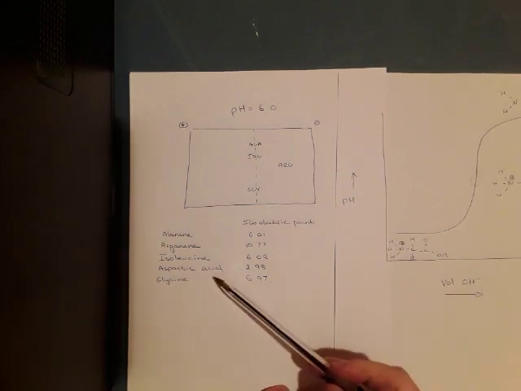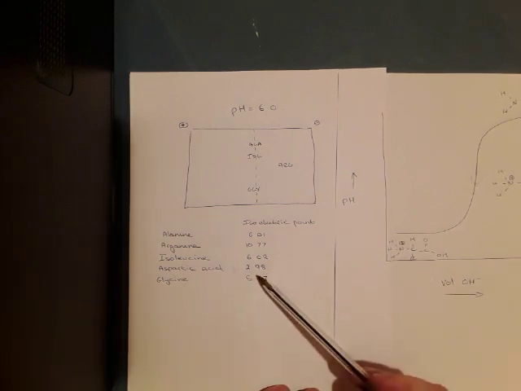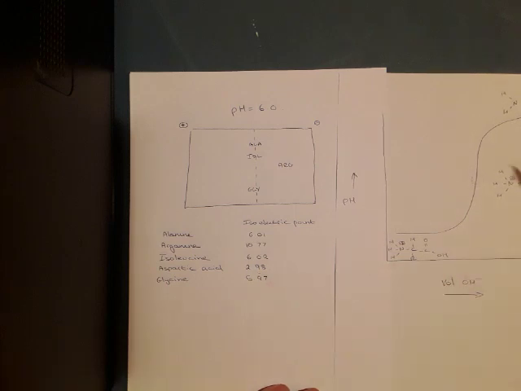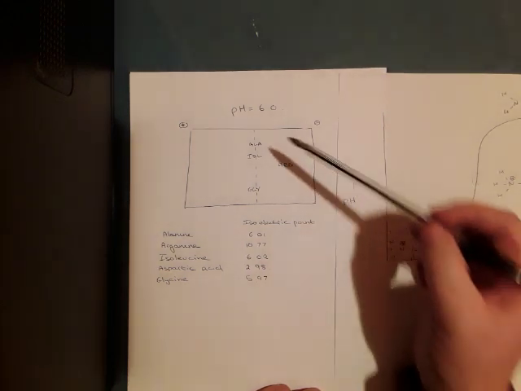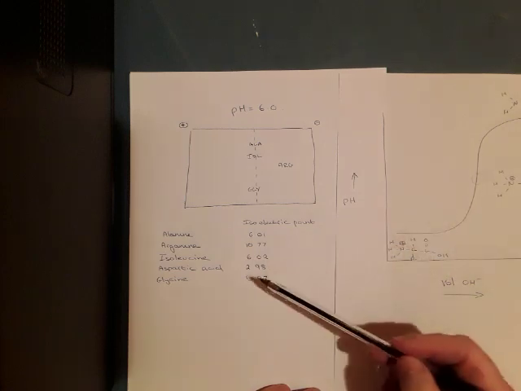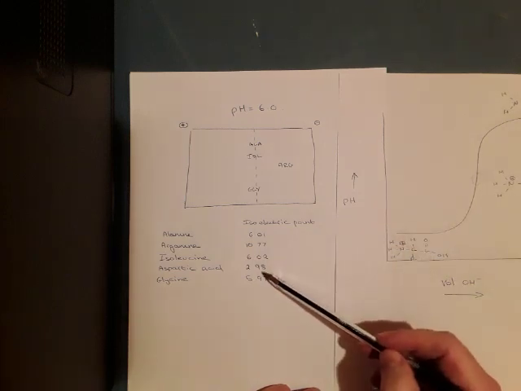Same again, we look at aspartic acid. The isoelectric point of aspartic acid is 2.98. So if this was 2.98, we get zwitterion formation. Above that, we would get deprotonation. Below that, we get protonation. So the pH of this solution is 6, which is higher than 2.98.